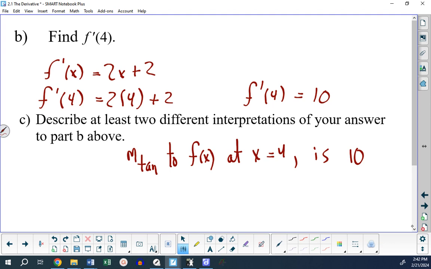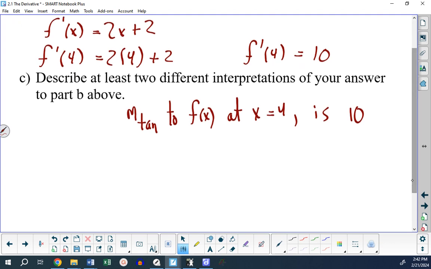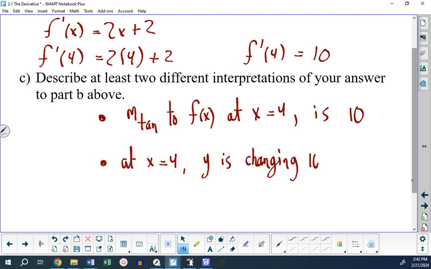A different interpretation is really the same, because I think you should know what a slope of a tangent is. The second interpretation is to say at x equals 4, y is changing 10 times, I hate this word, but I've never been able to come up with a more meaningful description, faster than x.